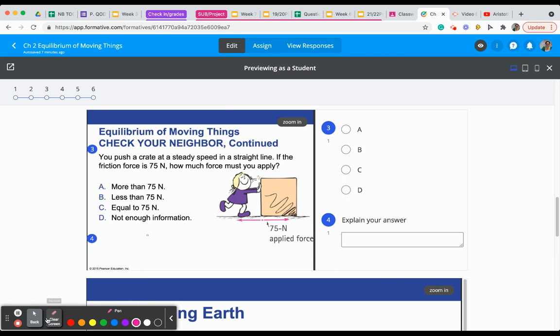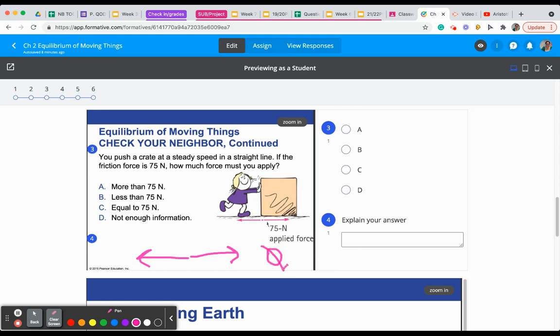I'll just try to draw it. So balanced and unbalanced forces. We know that if we have a certain number of newtons to the right and a certain number of newtons to the left, and it's the same value, then the total force is zero.